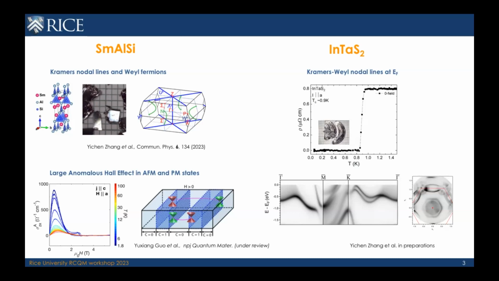The material system is very different, but it has the ingredients or the structural symmetry that's required for the occurrence of Kramer nodal lines, and via transport and ARPES measurements together with calculations, we're able to confirm the Kramer's nodal lines. And in this case, they seem to occur exactly at the Fermi surface. And as a bonus, what we revealed was superconductivity in this particular composition of indium tantalum disulfide.